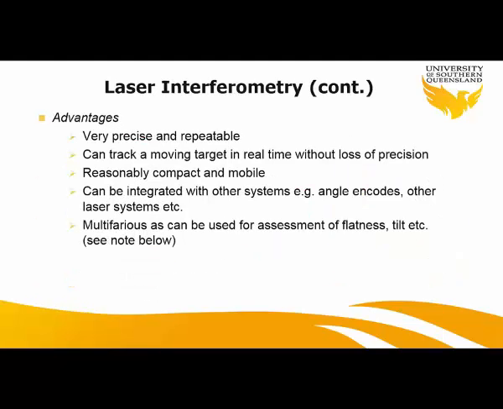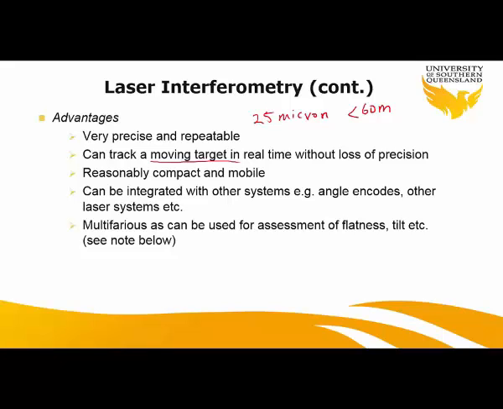So what are the advantages and disadvantages of this system? First of all, it's very precise over the short range. I told you it's about 25 microns, which is very good for ranges of less than 60 meters. And it can track a moving target, pretty much like the tracking system in a total station, where you detect the target, and when you move, the total station tracks it, so it can track a moving object, which is very good.